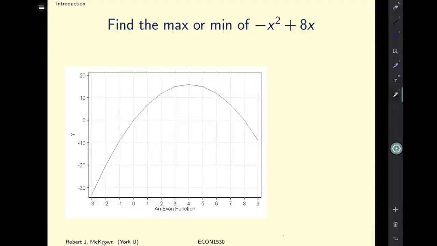Now let's look at an example. We've got a function here, a quadratic function, and we're being asked to find the max or the min.